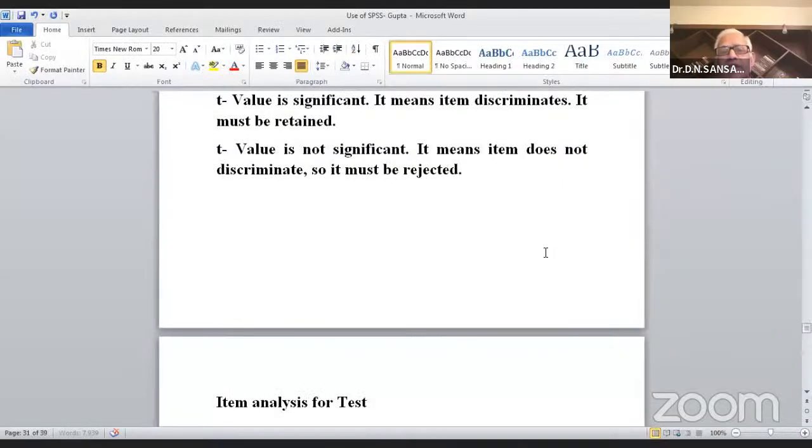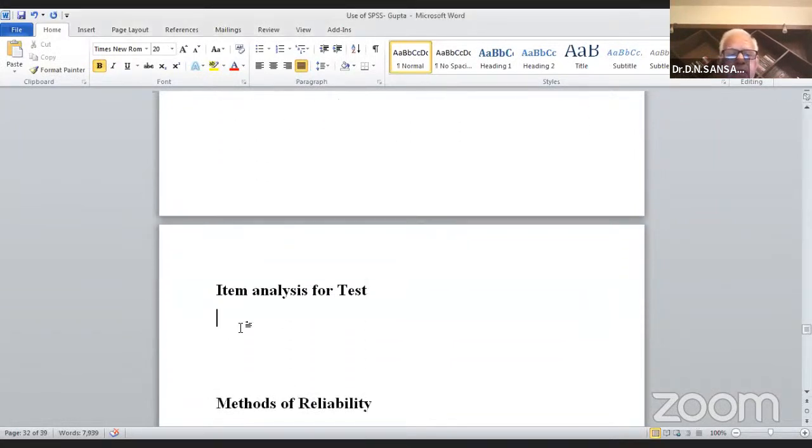that the responses can be designated as correct or incorrect. And since it is correct or incorrect, that means there is something called difficulty level.